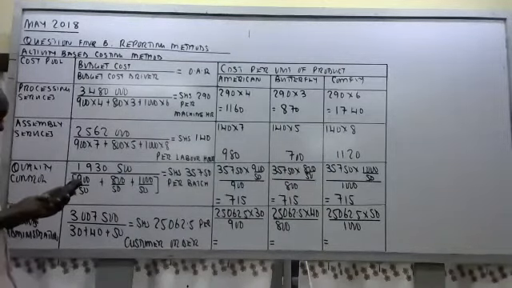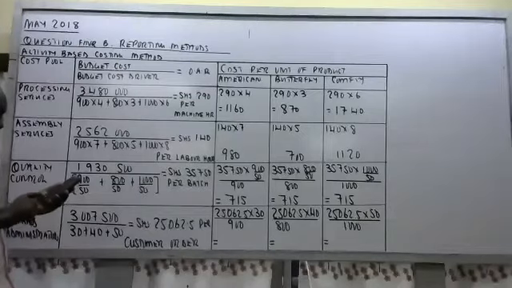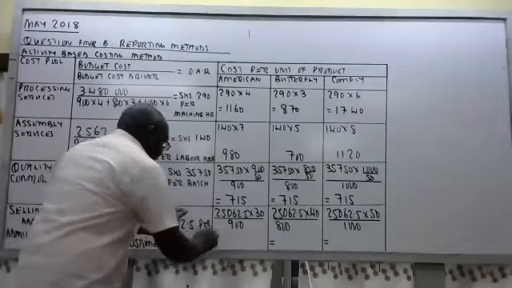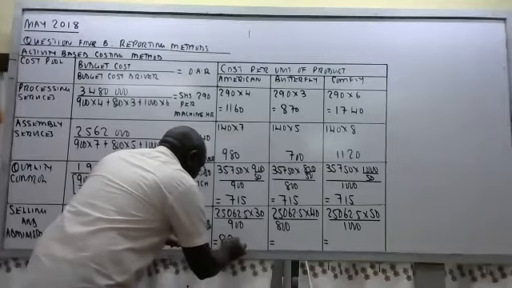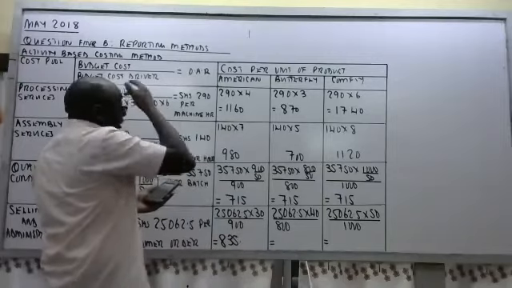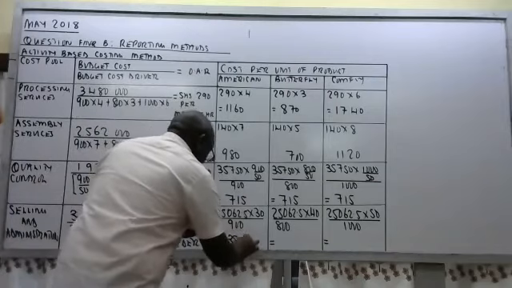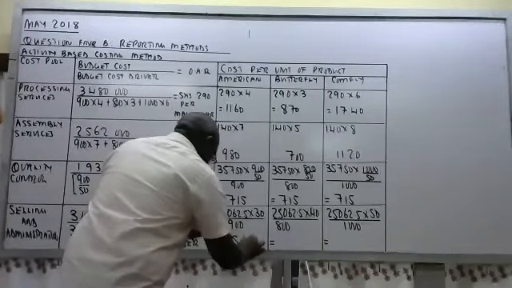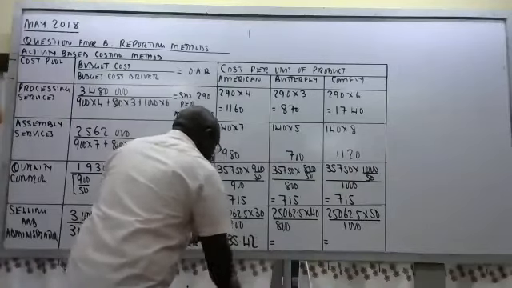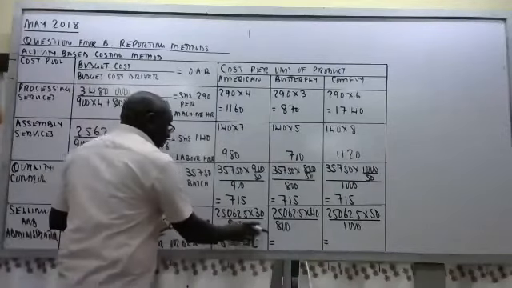So times 30 divided by 900 will be 835.42.